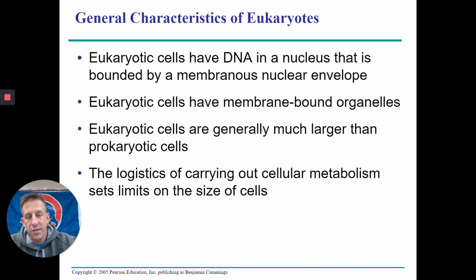So it says at the bottom bullet there, the logistics of carrying out cellular metabolism sets limits on the size of the cell. We are going to get into how the size of the cell influences cellular metabolism, and also the cell's ability to get nutrients into itself and kick out waste to the surrounding environment.